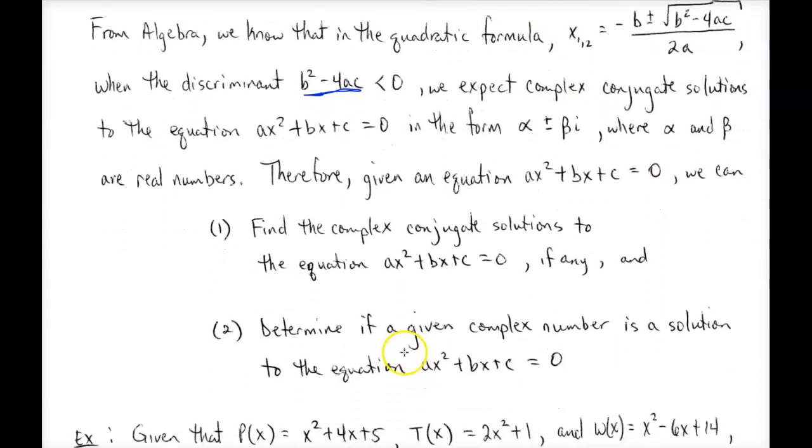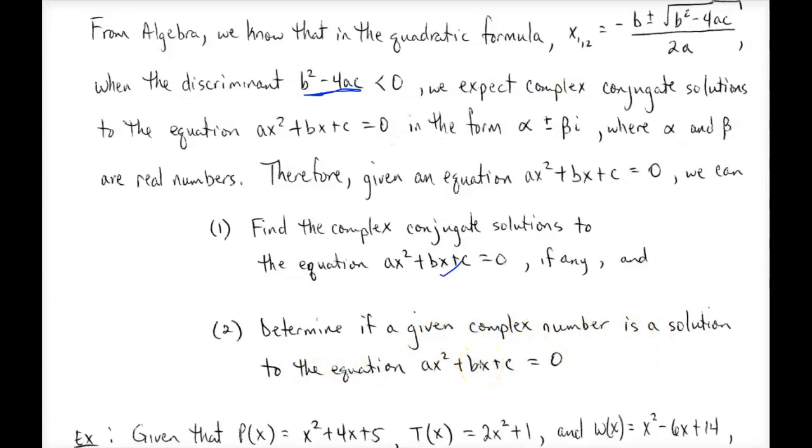we want to, 1, find the complex conjugate solutions of this equation, if any, if we're in a situation like this, and 2, we want to determine if a given complex number is a solution to a particular quadratic equation.